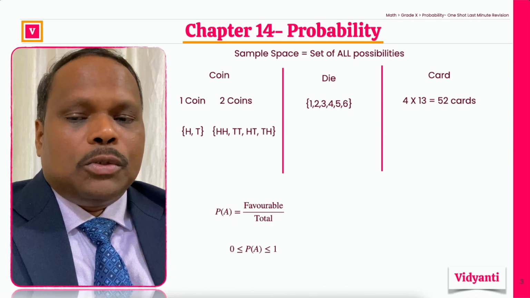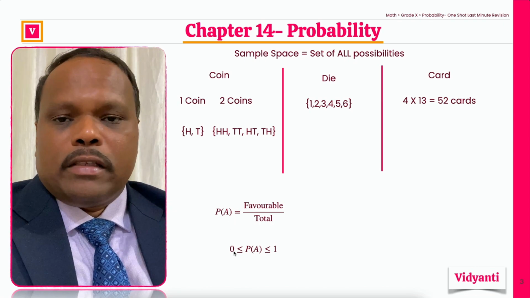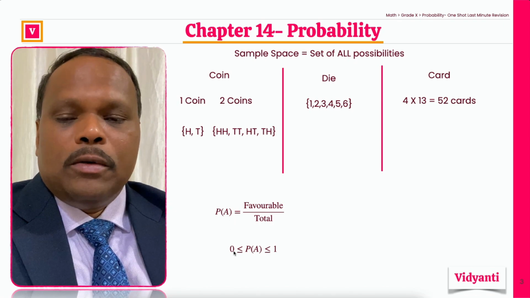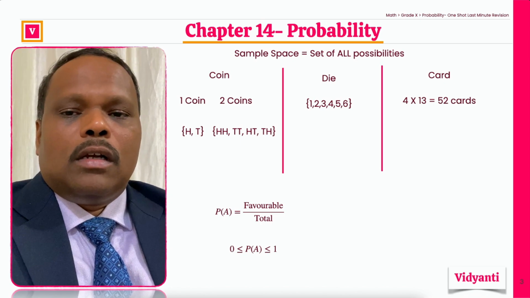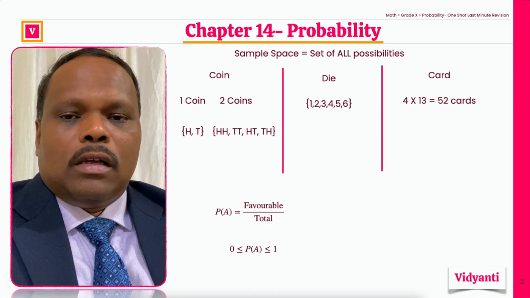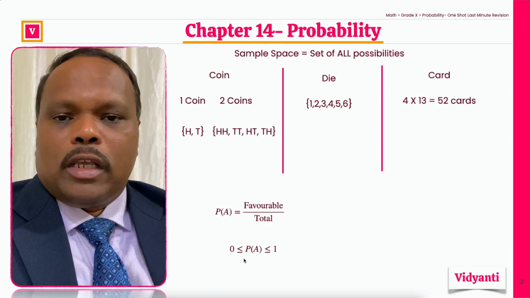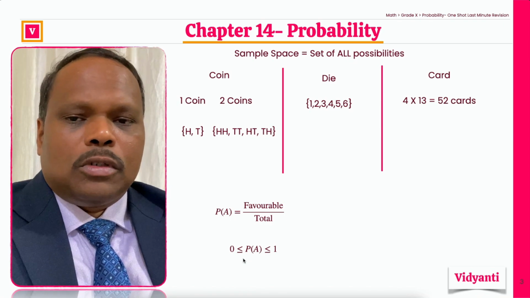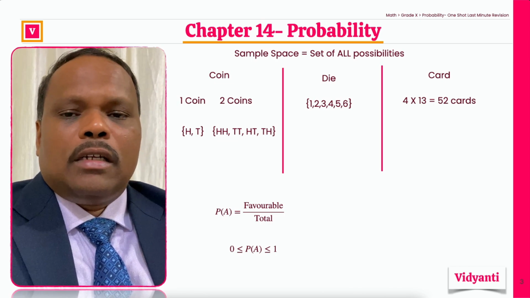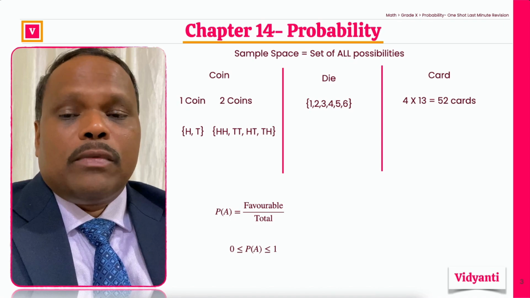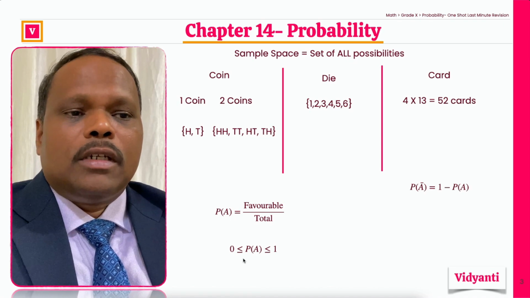That ratio cannot be less than 0, hence probability cannot be negative. At the same time, probability cannot be greater than 1. The extreme case is only 1. This is when you are expressing it as a ratio. Occasionally, probability is expressed as a percentage, and percentage-wise it will be between 0% and 100%.